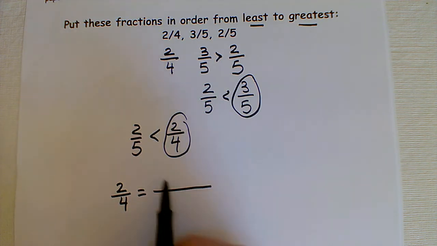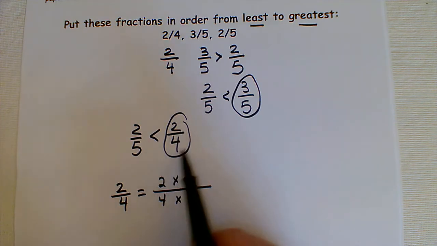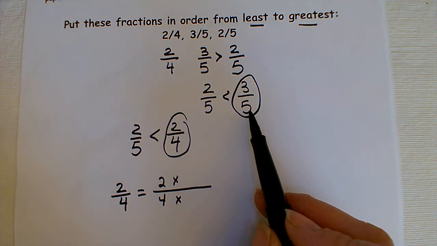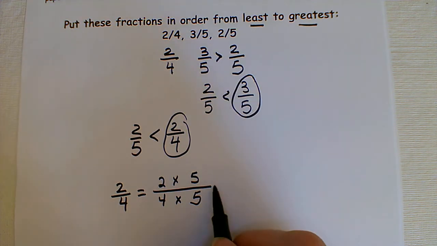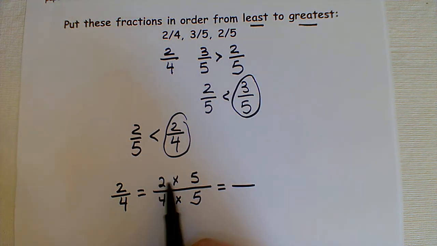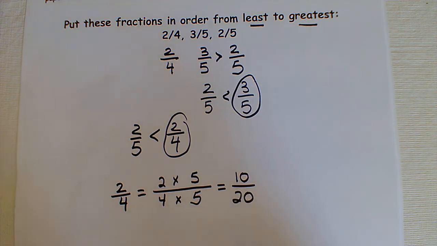and we always show what we start with. I'm taking 2/4, and I'm going to multiply it by the other fraction's denominator, which is 5. And whatever I do in my denominator, I must do in my numerator, because 5/5 is just 1. So now I have 2 times 5 is 10, 4 times 5 is 20.